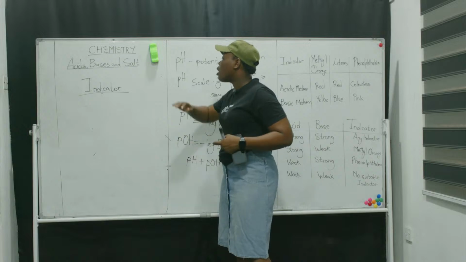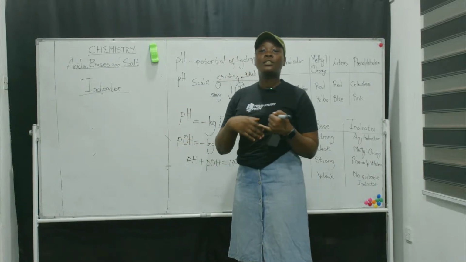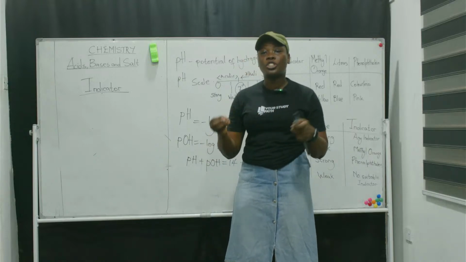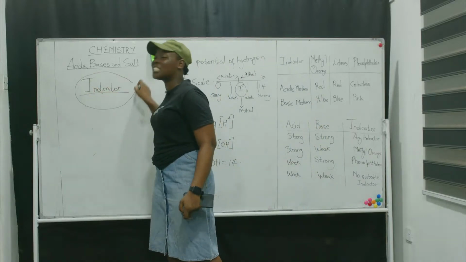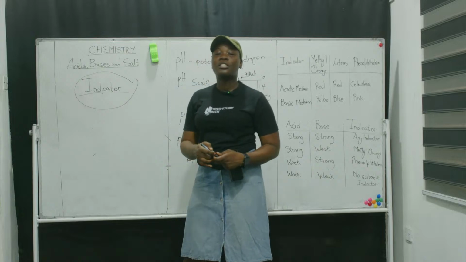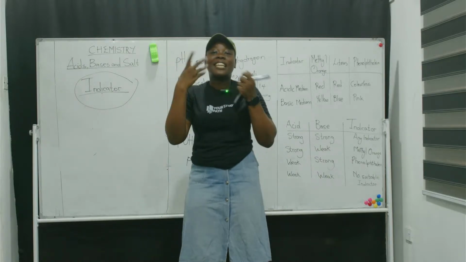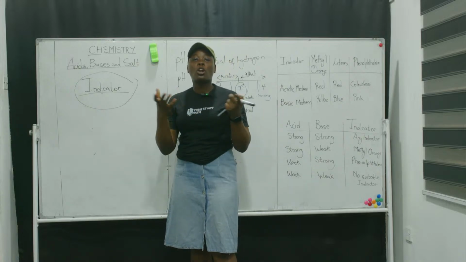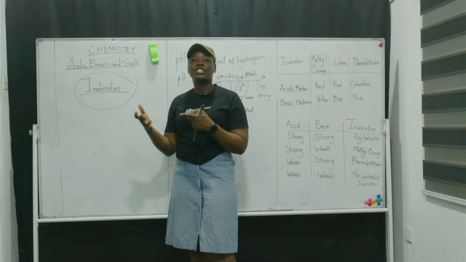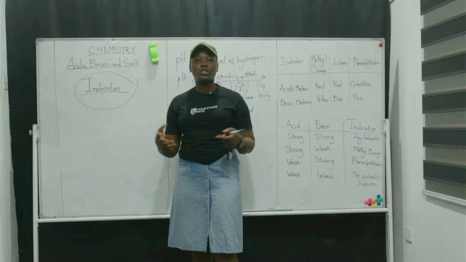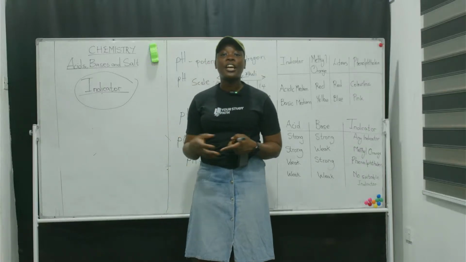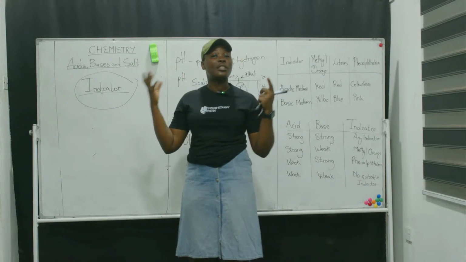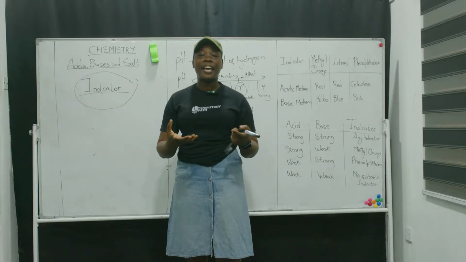When we hear the word indicator, that means it indicates something, it points out something, it sheds light on something. They are usually used during titration in order to know the end point.